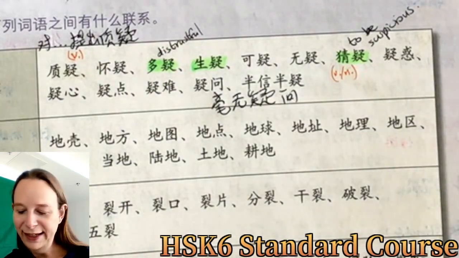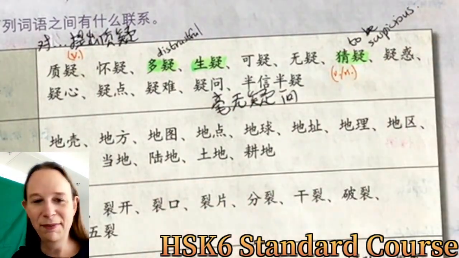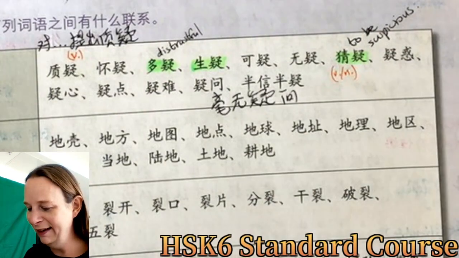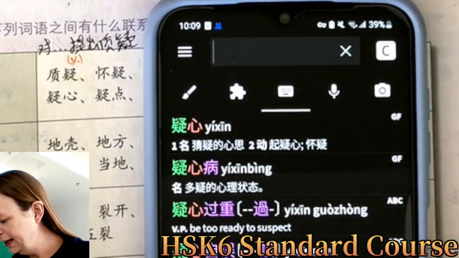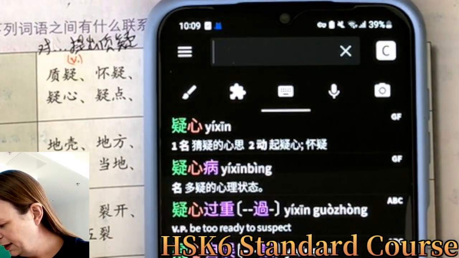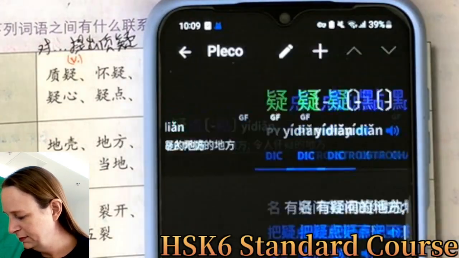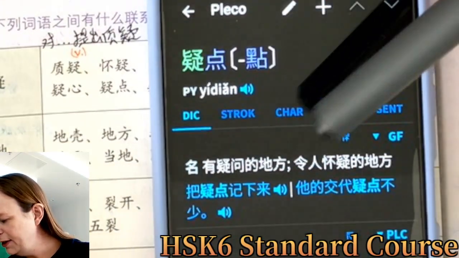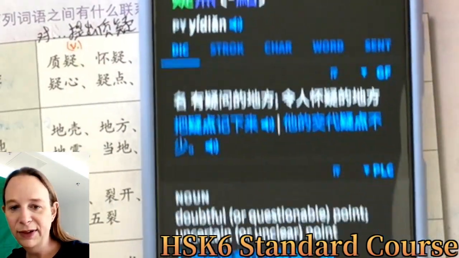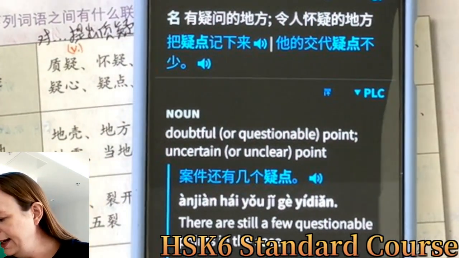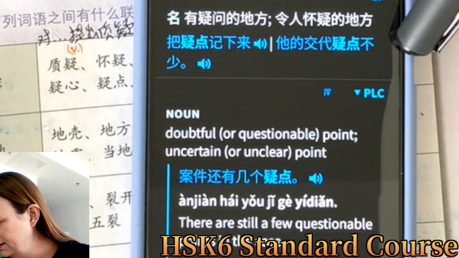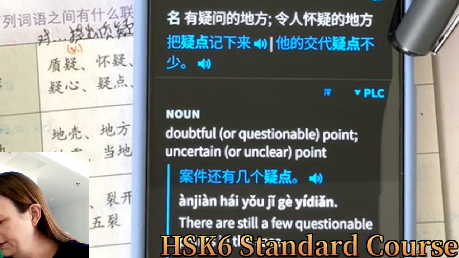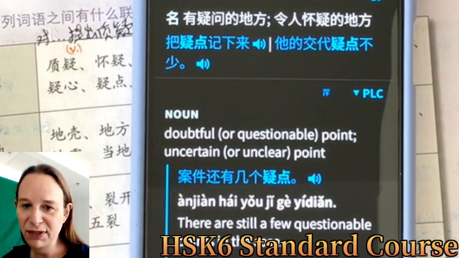疑点. 疑点 is where maybe in your argumentation there is a non sequitur or some other point of contention. 有疑问的地方，令人怀疑的地方。Okay, 疑点，把疑点记下来。他的交代疑点不少。What is 交代？交代 is his submission, right?